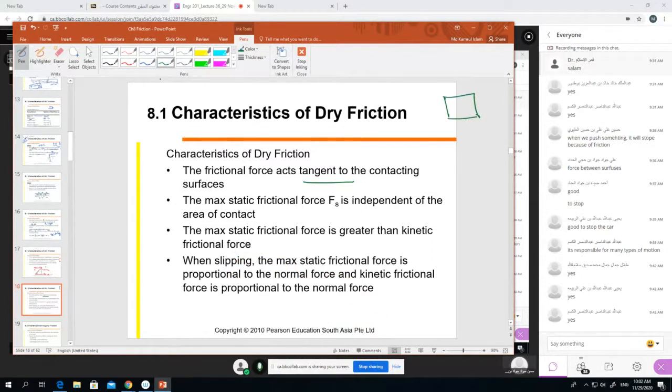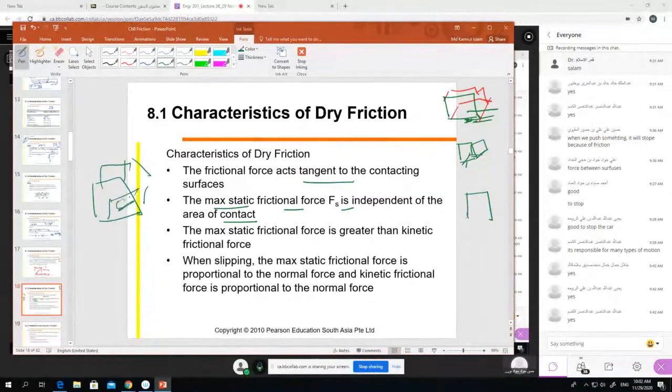As I told you, friction will always work on the surface, in the tangent direction. The maximum static frictional force is independent of the area of contact. It doesn't matter whether the area is small or very big, the frictional force is independent of it.